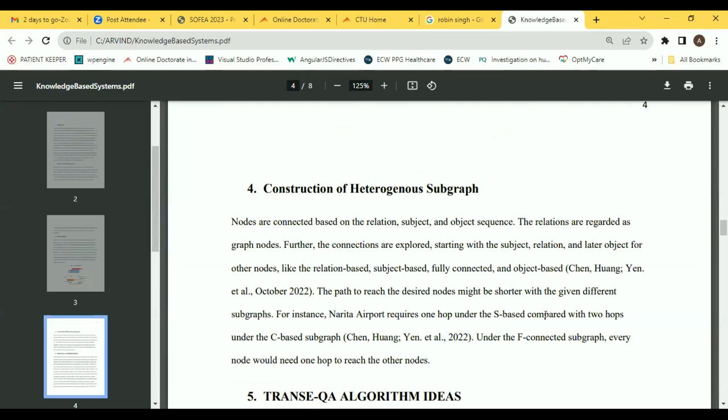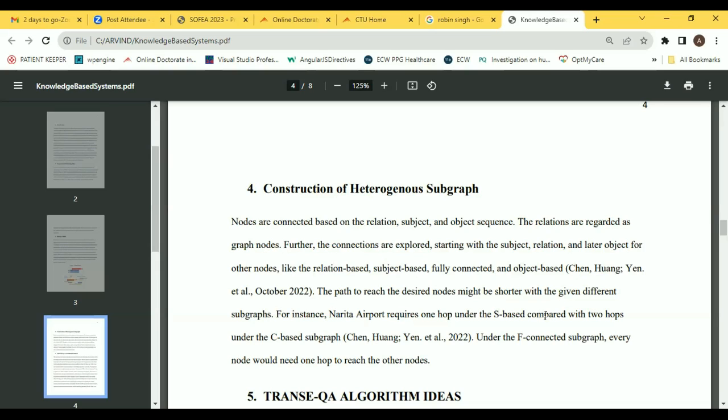It starts with the subject relation, and later the object for the subsequent nodes, like the subject based, relation based, object based.